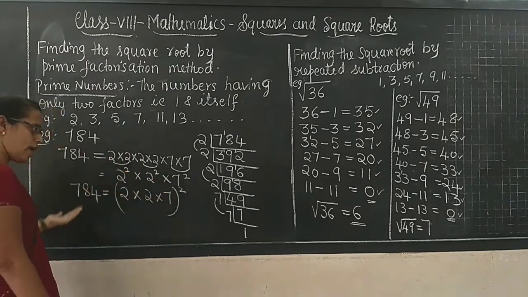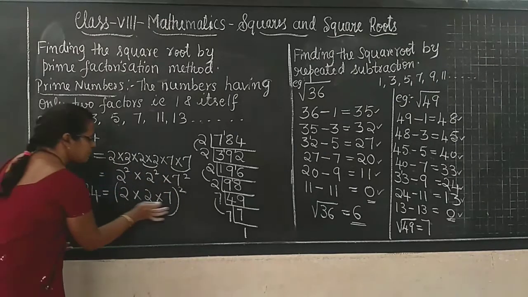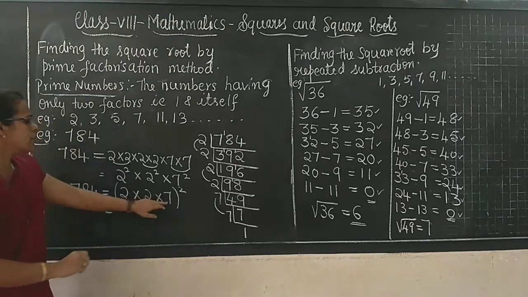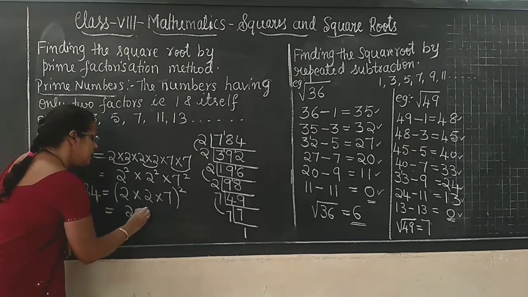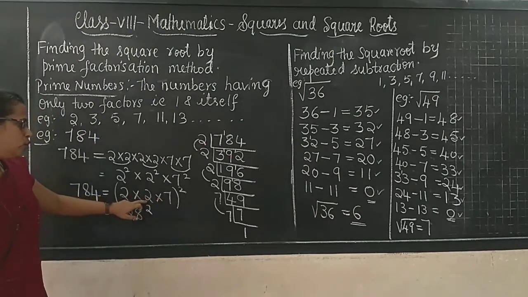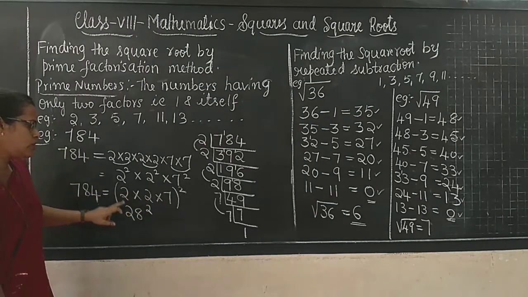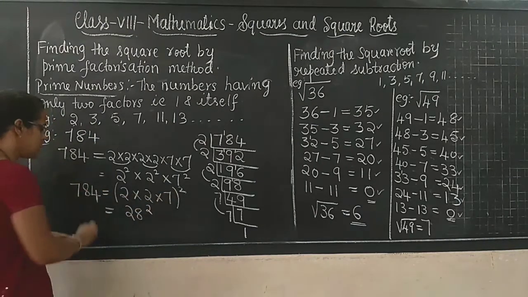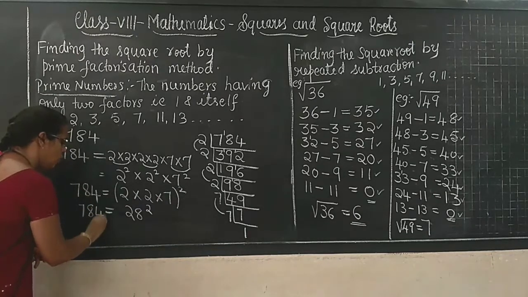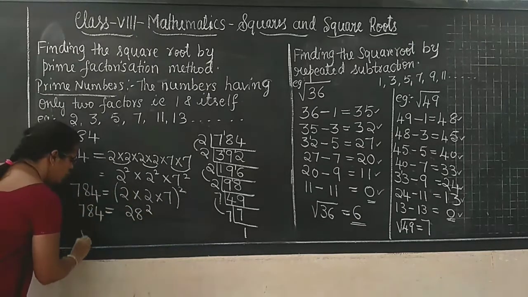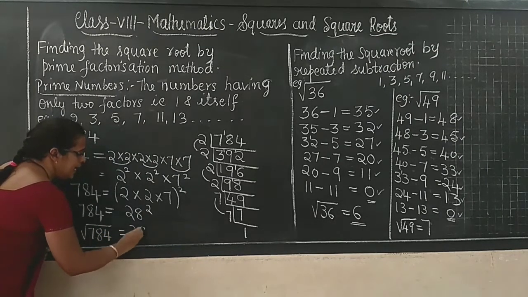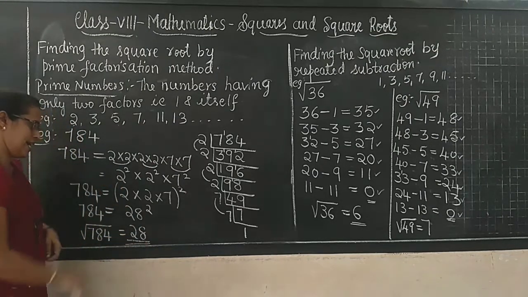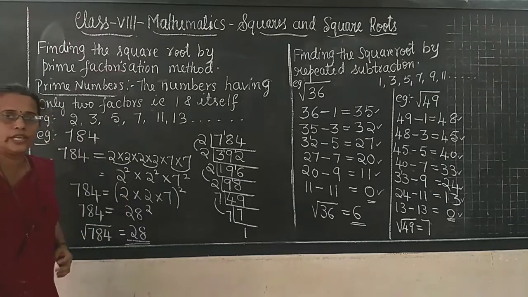Square goes, square root comes. 7 2s are 14. 14 2s are 28 squared, which is 784. Square goes, square root comes. What is the square root of 784? 28. Please understand, these many steps are involved.